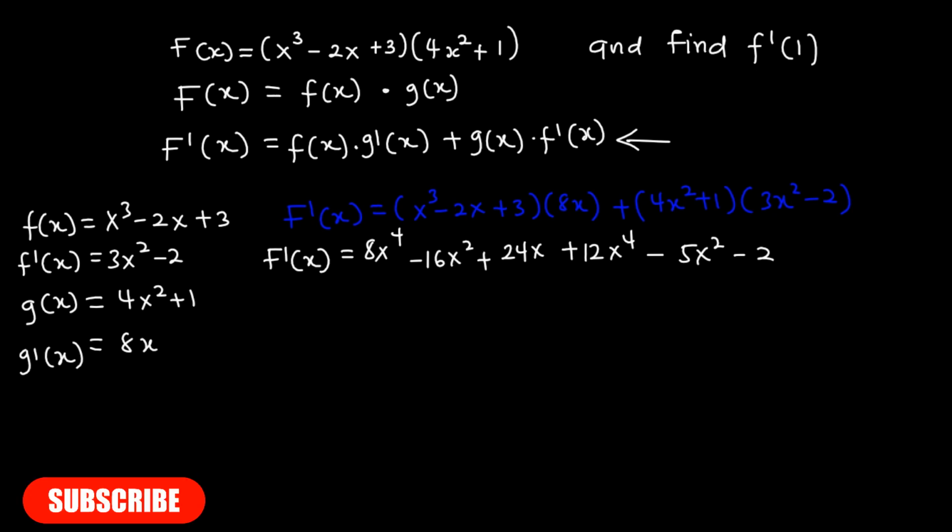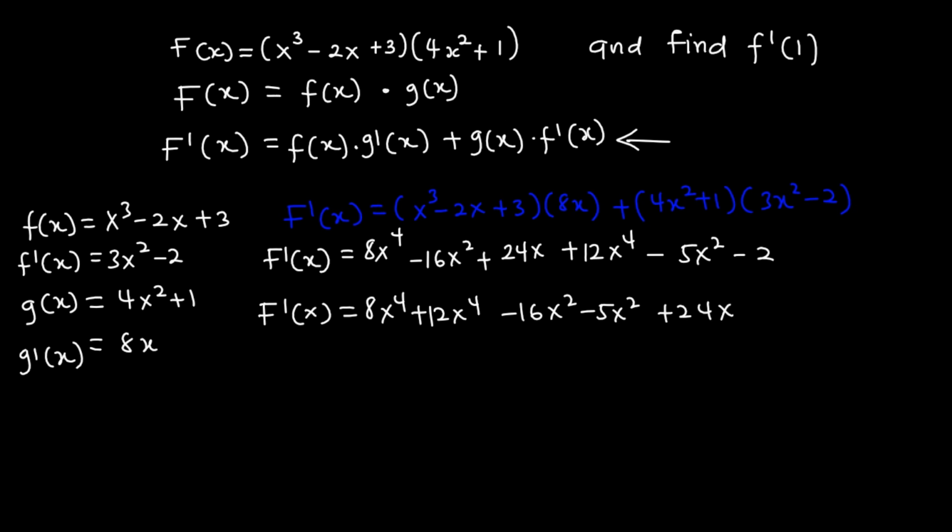At this point, we will have to simplify what we have. We're going to have F prime of x equal to 8x to the power 4 plus 12x to the power 4. I'm grouping like terms. Then we're going to have minus 16x squared minus 5x squared, and then plus 24x minus 2.